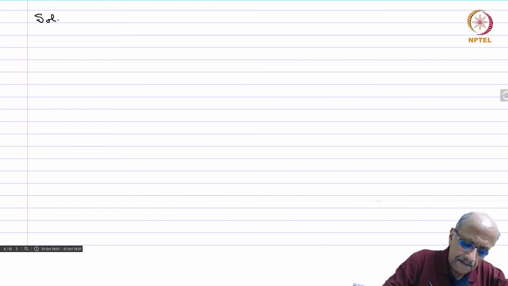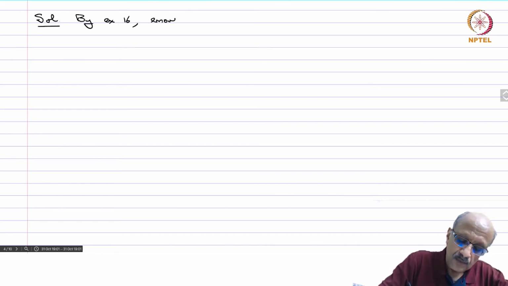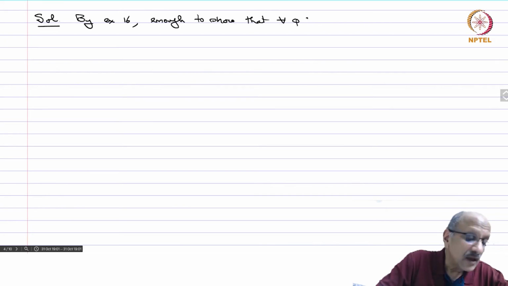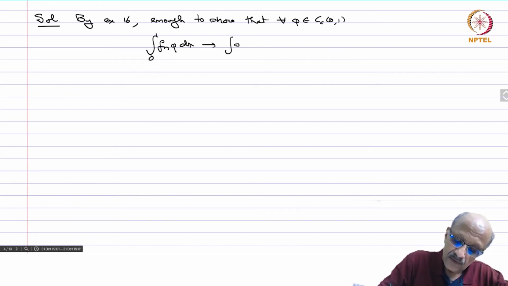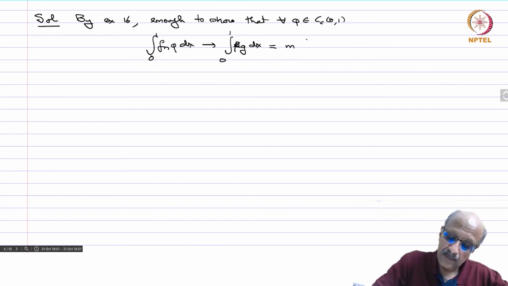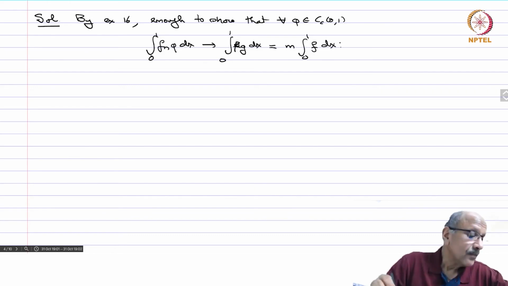So, solution. By exercise 16, it is enough to show that for all phi in C_c(0,1), you have integral from 0 to 1 of Fn phi dx converges to integral of g phi dx, and that is equal to m times integral of phi dx.